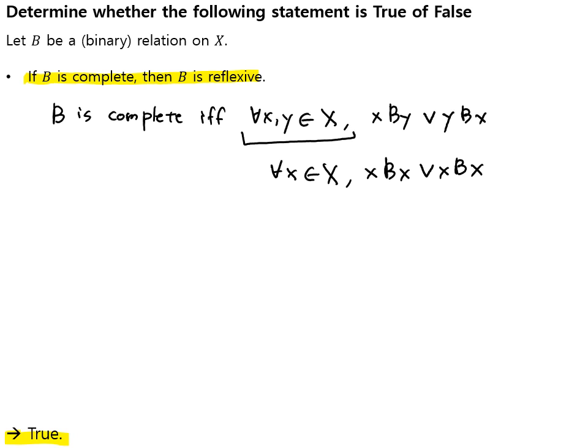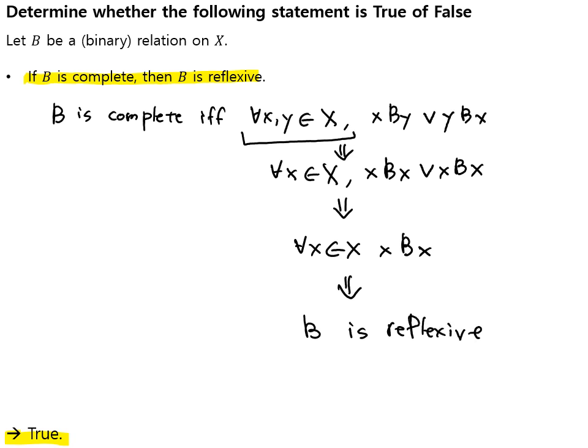And we can simplify this statement as saying for all elements x, x is related to x, which basically implies that B is reflexive. Okay. So it is true.